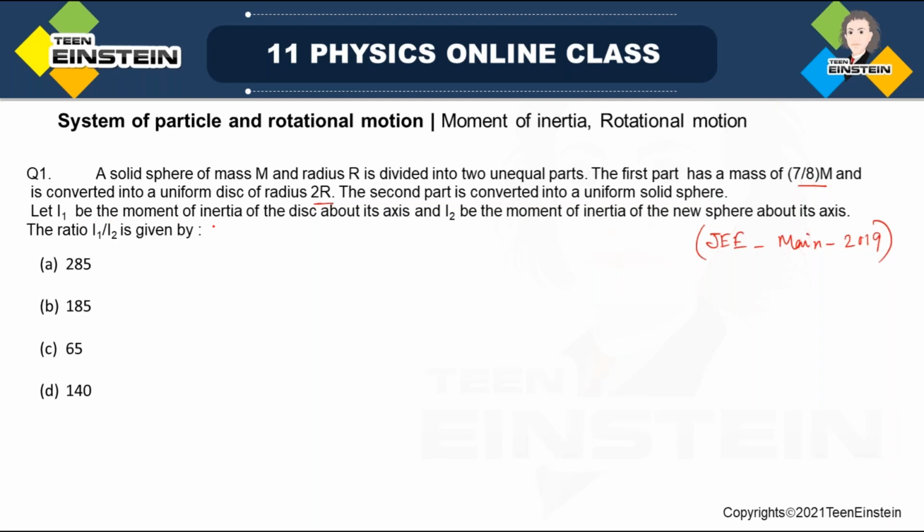Let I1 be the moment of inertia of the disk about its axis, and I2 be the moment of inertia of the new sphere about its axis. So the ratio of I1 to I2 is given by 285 or 185 or 65 or 140. So this is the question.